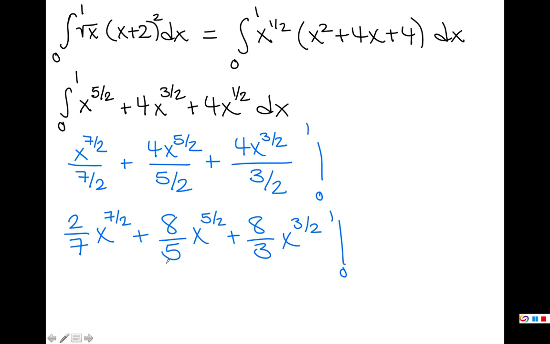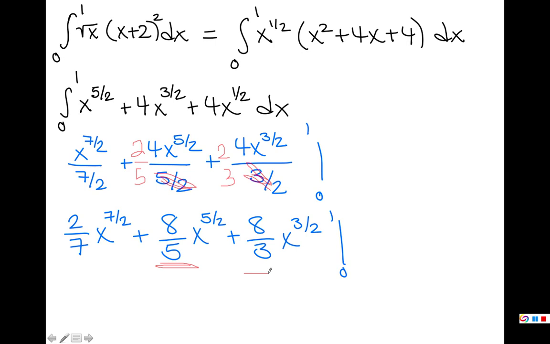And then this 8/5 right here, that came from, let's see, if we flip the 2/5, we get 2/5 times 4 over 1. That's how I got the 8/5. And then same concept on the third term. I flipped the 3/2, it became 2/3. And then when I multiplied straight across, I got 8/3.